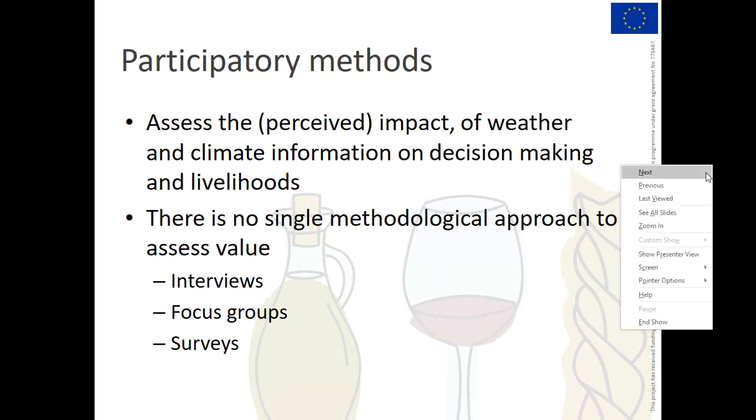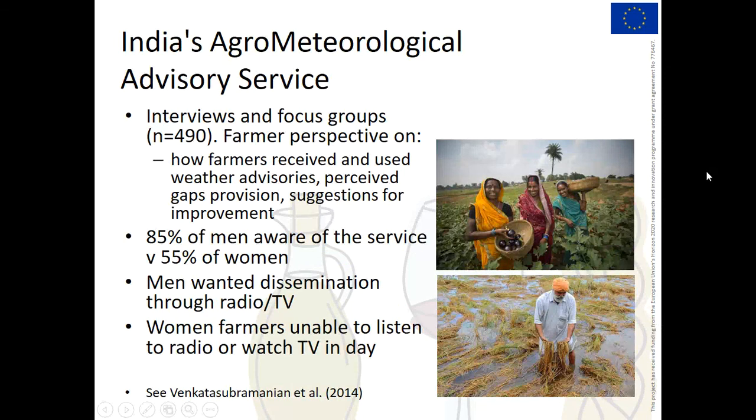So again, another example, and a really great example, I think, is the participatory assessment of India's Agro-Meteorological Advisory Service. This is one of the largest agri-met information programs in the world, and weather bulletins are tailored for farmers. In India, they're sent out over radio and TV and through district level advisors who go into the village and discuss with farmers.